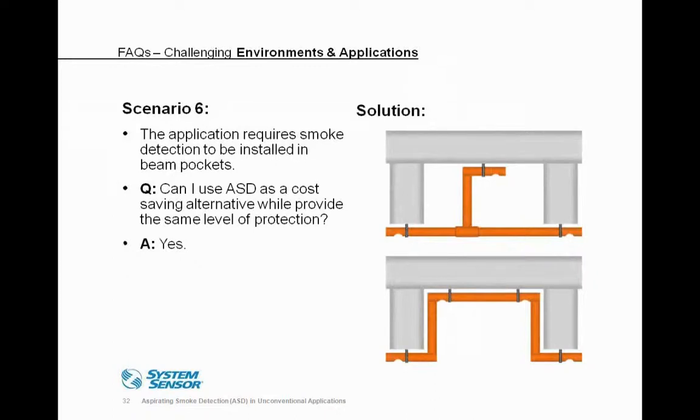You can run the pipe network below the beam pockets, then with a simple L channel inside each beam pocket. So it's still one device in lieu of placing one smoke detector in each beam pocket. And you can run them in an L channel, or in that serpentine fashion.